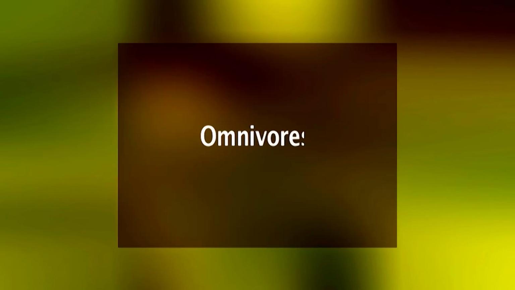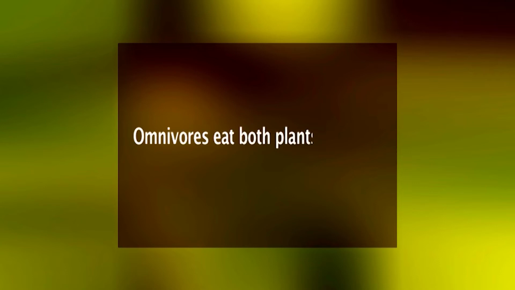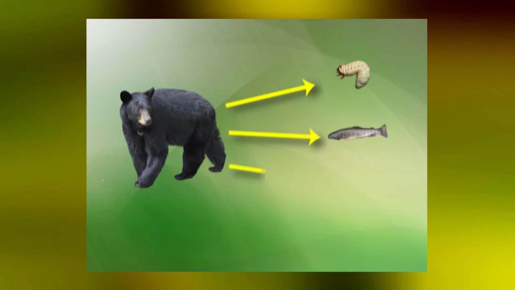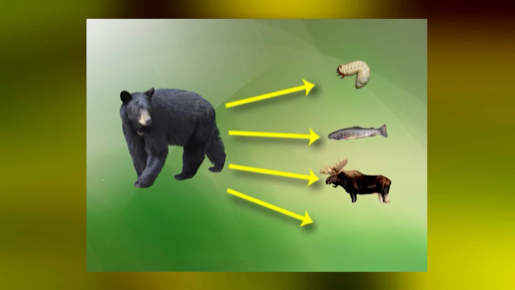The third category is omnivores. Omnivores are the last type and eat both plants and meat. For example, bears. They eat insects, fish, moose, etc. The second example is turtles.